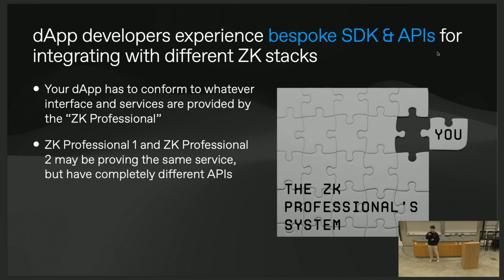Essentially, the market has converged on really monolithic ZK architectures, where the ZK people have built giant systems that involve the contracts, off-chain actors, circuits, and provers, and your dApp is the final piece in the puzzle, and you have to make sure that your piece actually fits in. This can be super annoying if you're using two different ZK service providers. It can be really annoying if you want to switch from one ZK provider to another, because all the work at the end is involved in figuring out their interfaces and connecting with them properly.